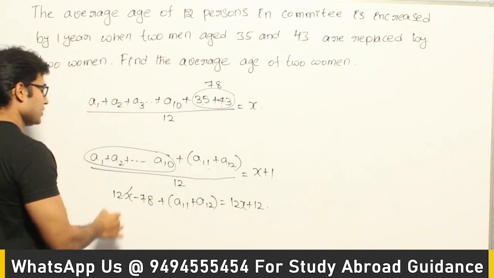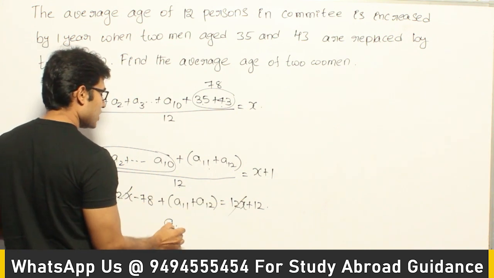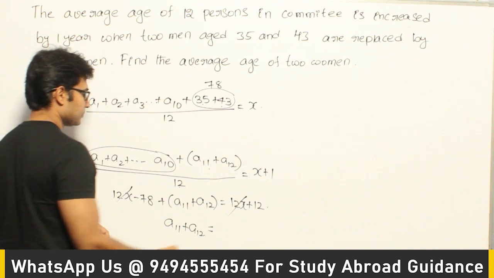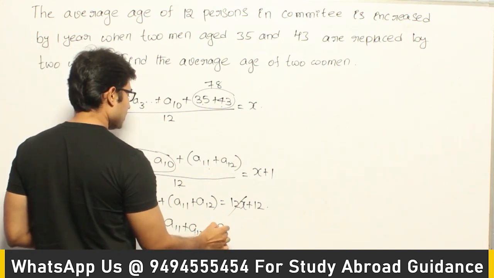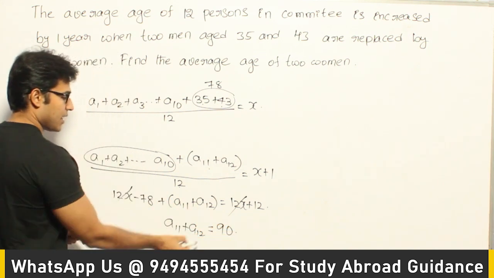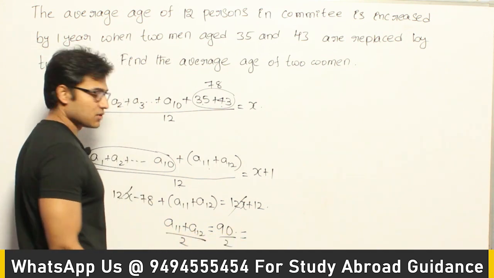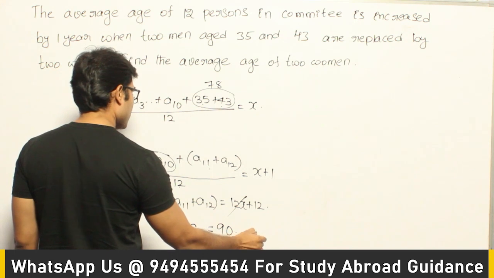Got it? Now 12x will get cancelled. So A11 plus A12 is equal to 90. So what is asked? The average is asked. So the average of those 2, 90 divided by 2, is going to be 45.